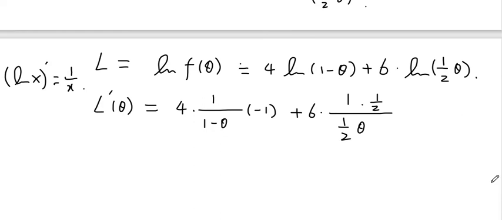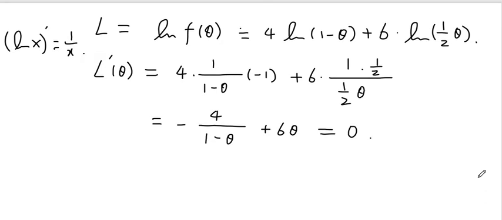So we can say this equals negative 4 over 1 minus theta. Here the half can just cancel, so plus 6 theta. We let this equal 0 and try to solve this equation. Okay, so 4 over 1 minus theta equals 6 theta.